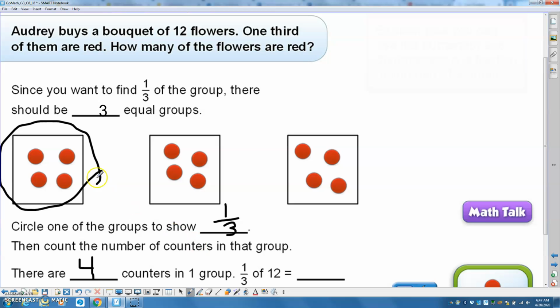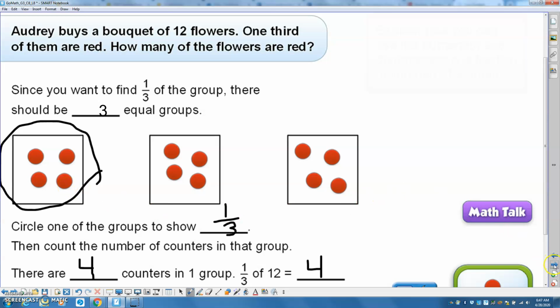So if this group represents 1/3 and there's 4 counters in it, then 1/3 of 12 would be 4. So one group represents 1/3. There are 4 counters in that 1/3. So 1/3 of all 12 equals 4.